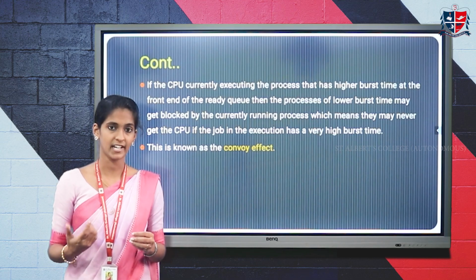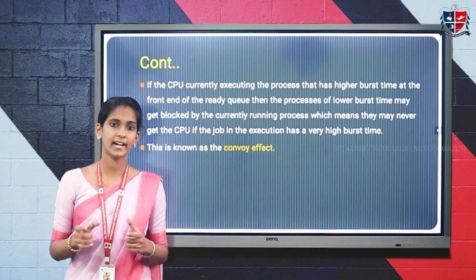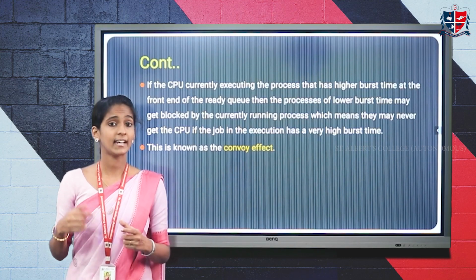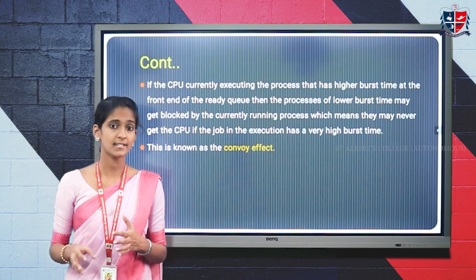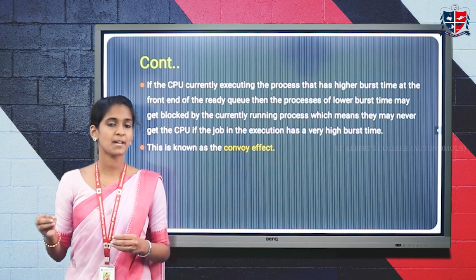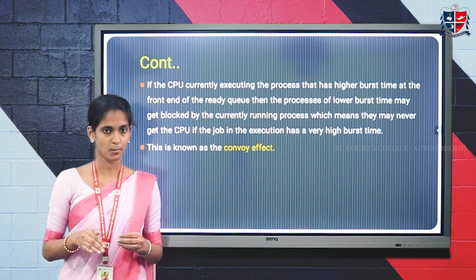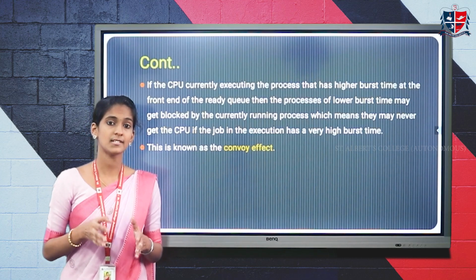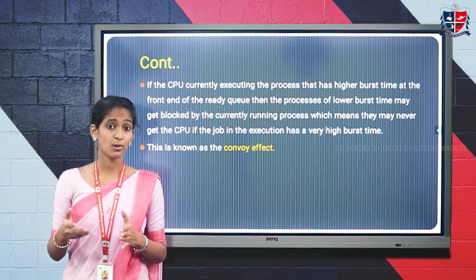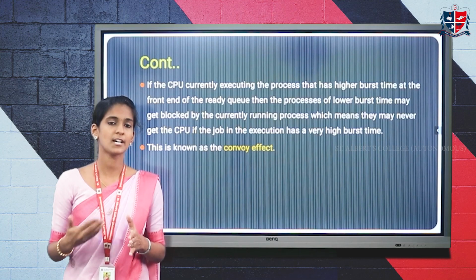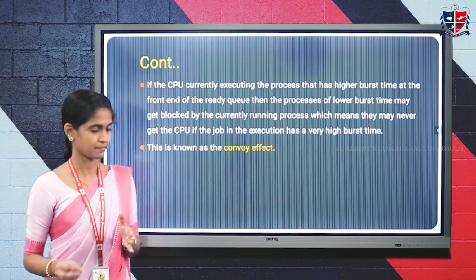If there are 10 processes in the ready queue with higher burst times, and the 11th process has the smallest burst time, then this lowest burst time process has to wait till the execution of the highest burst time processes is over. Only after that will it get the CPU.